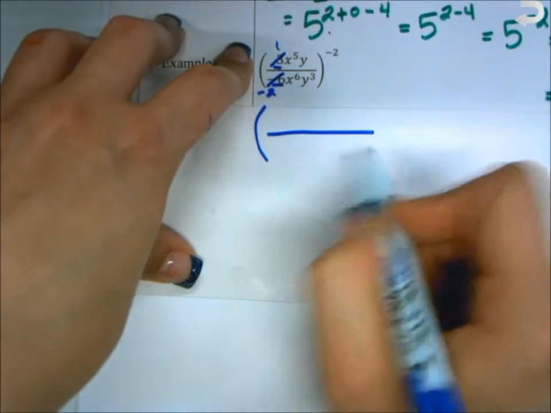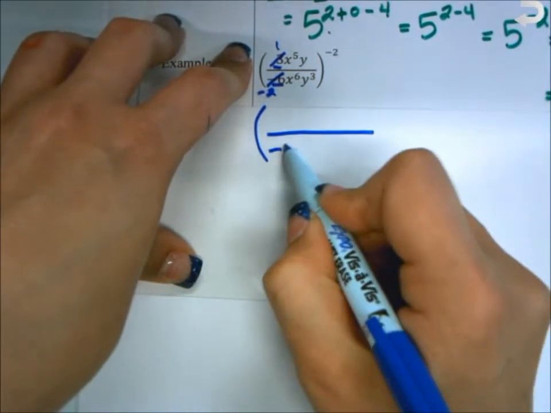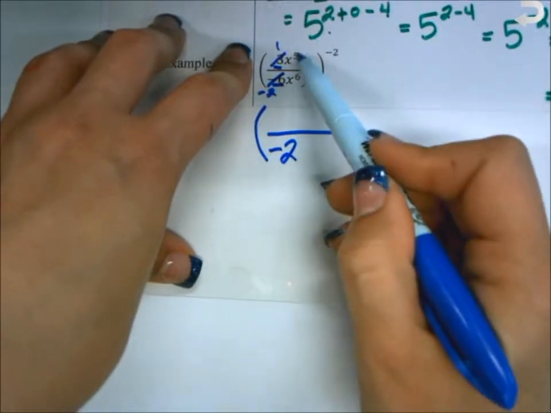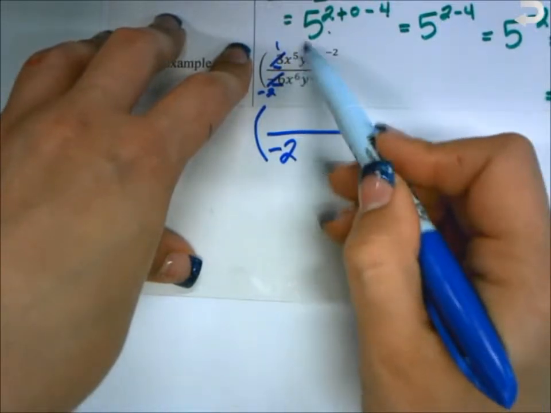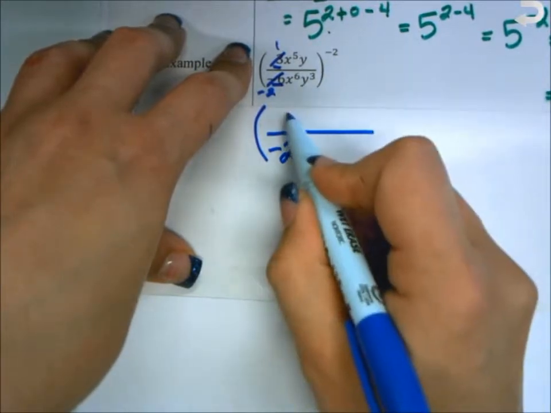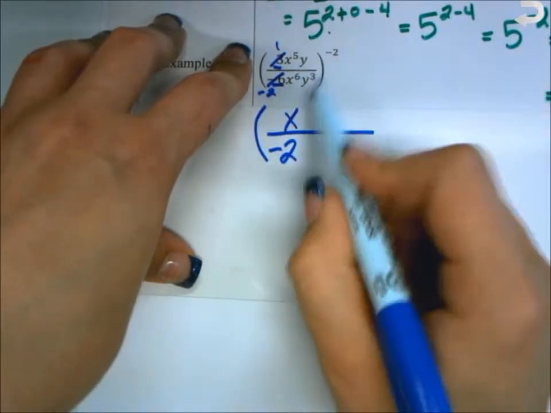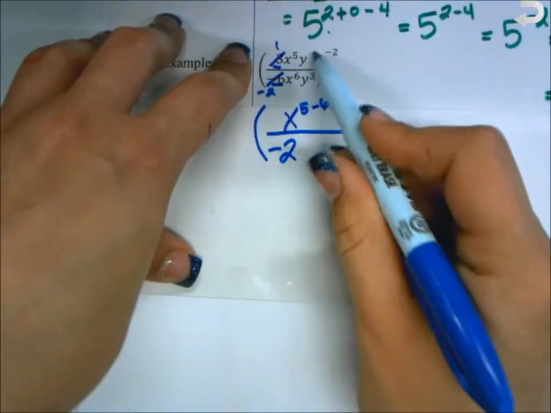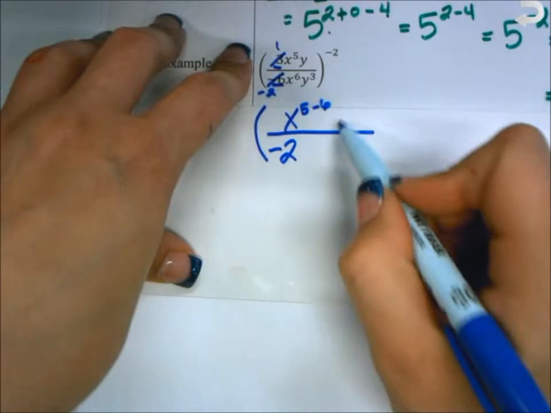Now up here, I have x to the 5th and x to the 6th. So that's going to become x to the 5 minus 6, since I'm dividing. And the same thing with my y's. I have y, this is y to the 1, so y to the 1 minus 3.